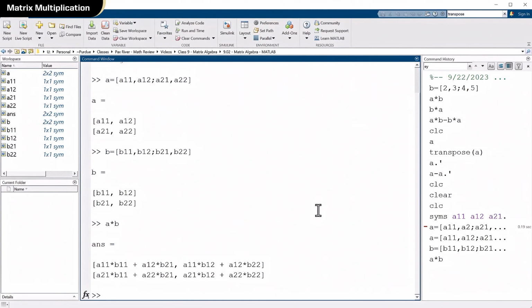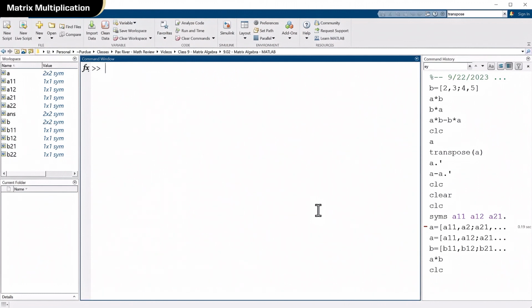So one last thing about matrix multiplication. Let's look at what the dimensions of the matrices need to be in order to be compatible. So I'm going to clear the command window, clear memory, and let's make ourselves an A matrix that is now 2 rows and 3 columns.